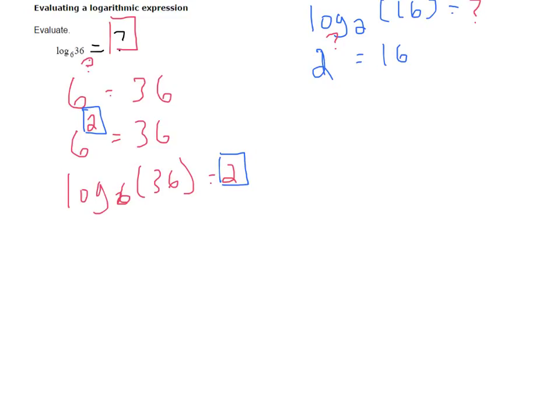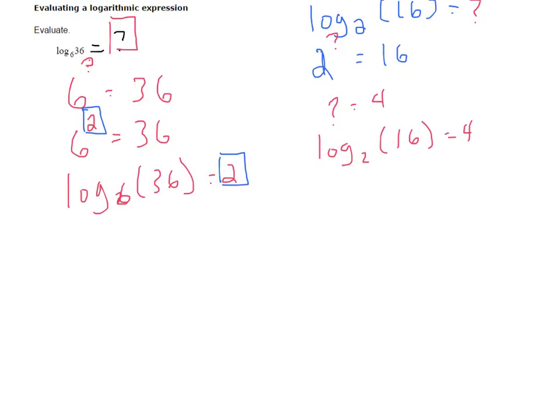So this is going to be 4. Log base 2 of 16 is 4, because 2 to the fourth power equals 16.